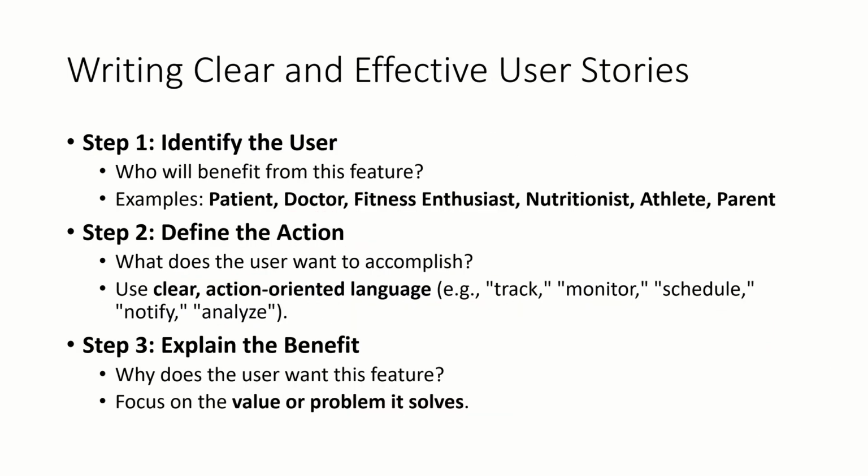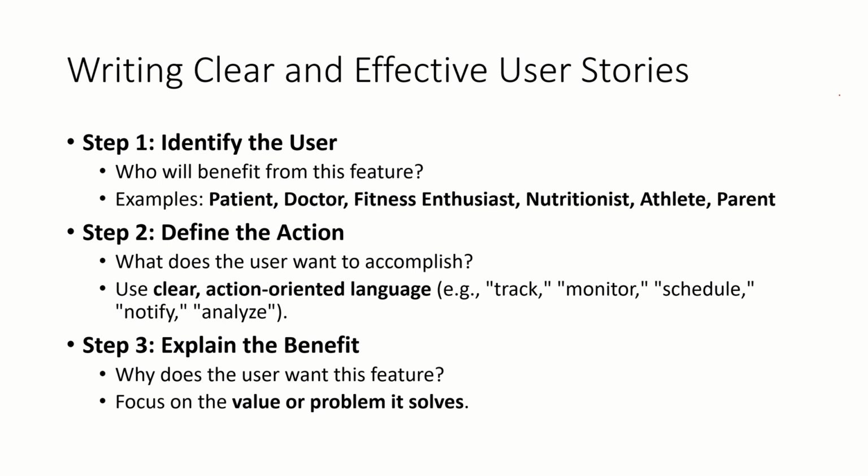Okay, so how to write a clear and effective user story. Step one, make sure you identify the right users. This is the most important part: you need to ask your team who will benefit from this feature.